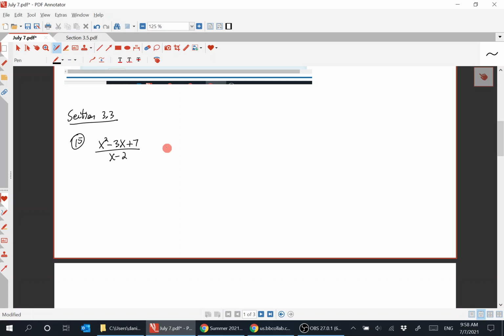Find the quotient and remainder, and write it as p of x over d of x is equal to a quotient plus a remainder over the same divisor.